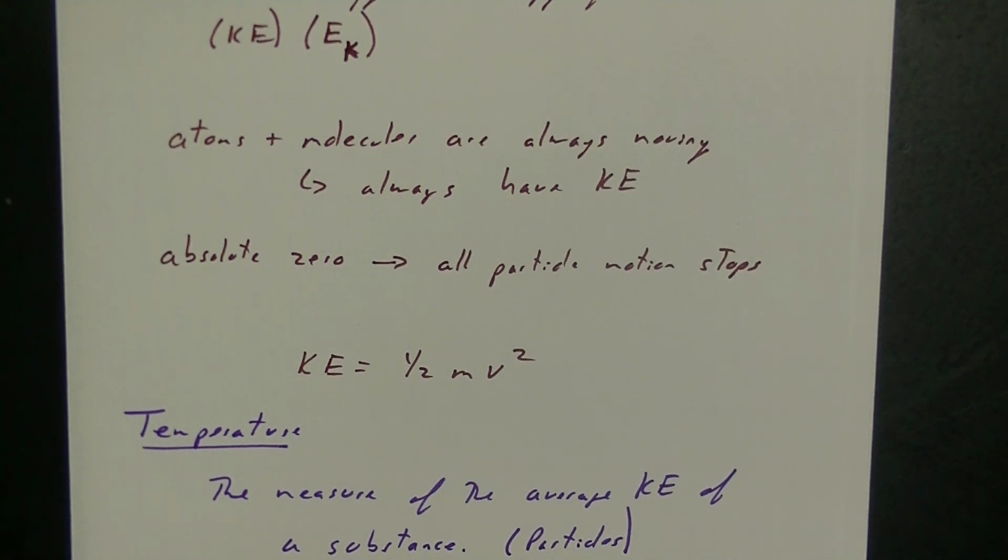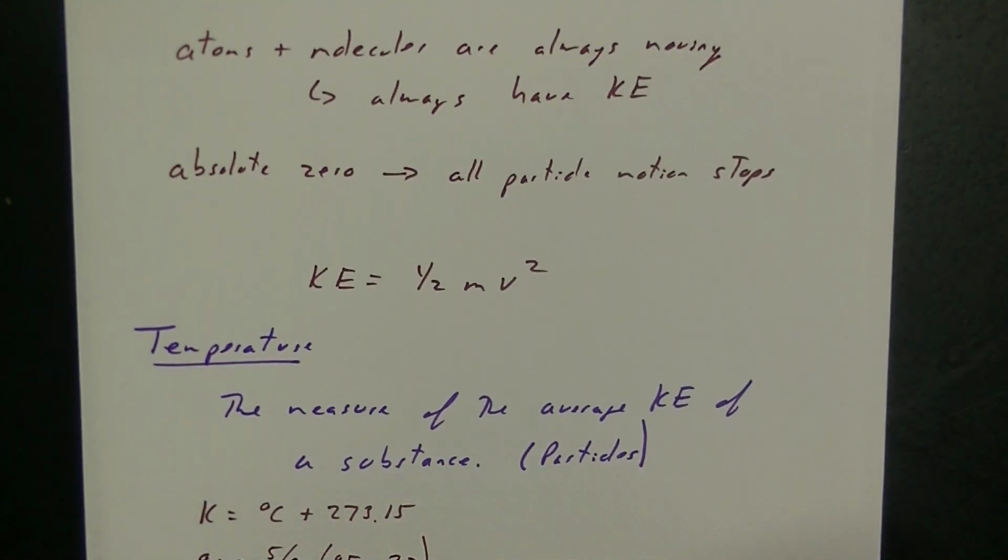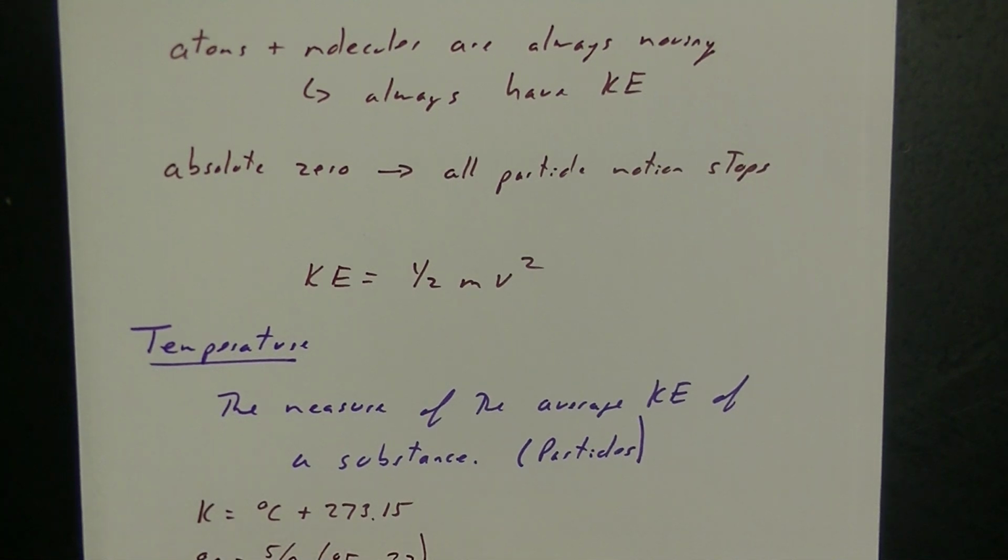Degrees C is equal to 5/9 times (degrees Fahrenheit minus 32). Degrees Fahrenheit equals 9/5 times degrees C, plus 32. So these are your conversions from Celsius to Fahrenheit and Fahrenheit to Celsius. This is your conversion between Kelvin and Celsius. So this gives you those numbers so you can do those conversions.